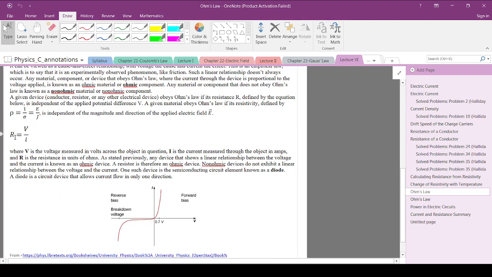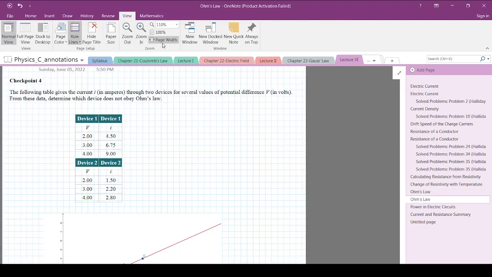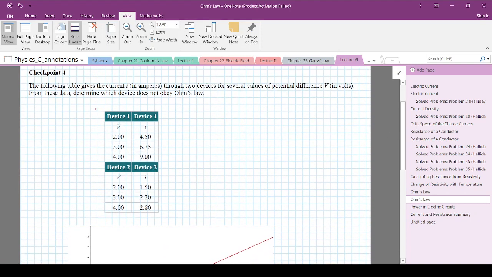That means that the voltage and the current in an ohmic component are going to be proportional. And you can see this, for example, if you analyze this problem here. The problem is giving us two tables, two devices with a correspondence between the voltages and currents.